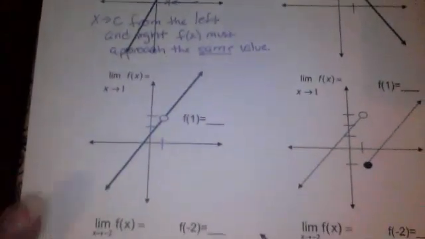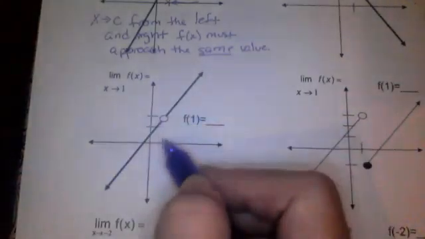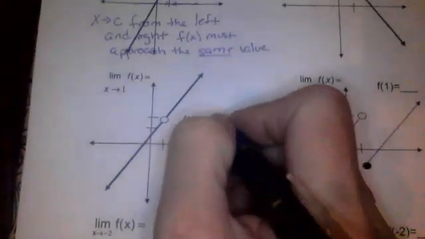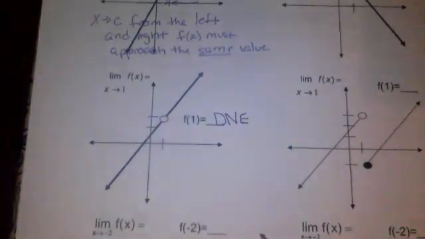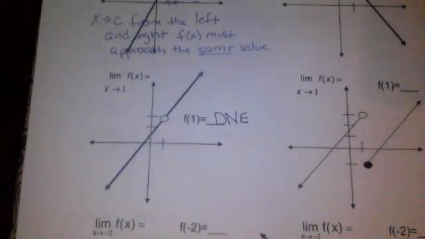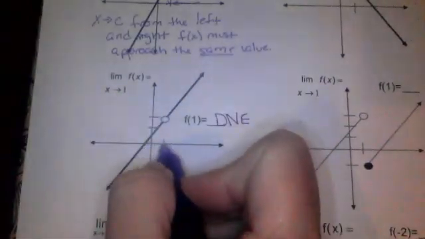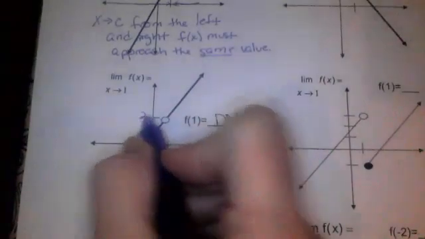All right, so let's take a look at the next one. This one, our output value at 1. If I go to 1, the output here doesn't exist. It's the empty set. There is no output value at 1 that exists. Now, the limit, on the other hand, if I get really close to 1 and come up here, I have a value that's close to 2.